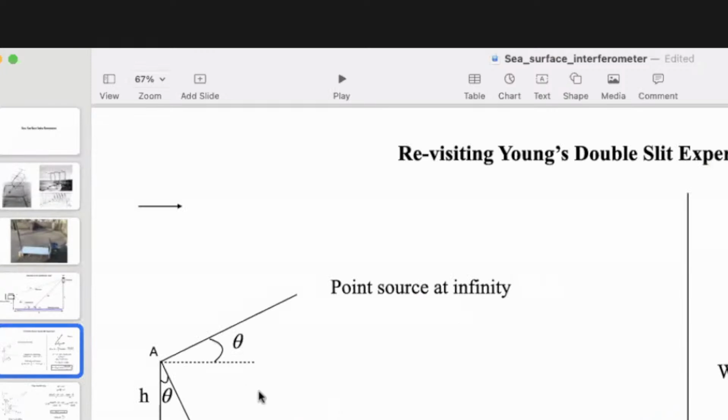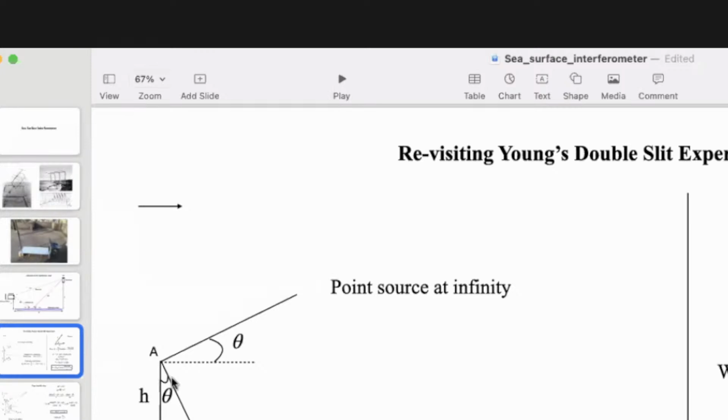Mathematically, this experiment is very similar to Young's double slit experiment. Instead of transmitting through the two slits, we are receiving to the slits. A and B are two antennas, separated by some distance 2h. There is a point source at infinity, so plane waves are coming to these two antennas.